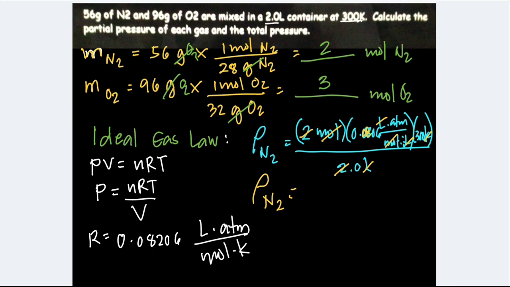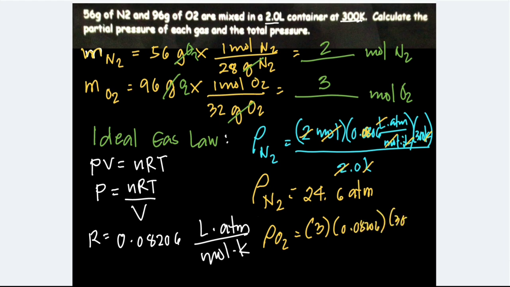Maybe I made a mistake. It's not 2, it's 24.6 atmosphere. And then the partial pressure for oxygen, this is 3 times 0.08206 times 300 divided by 2.